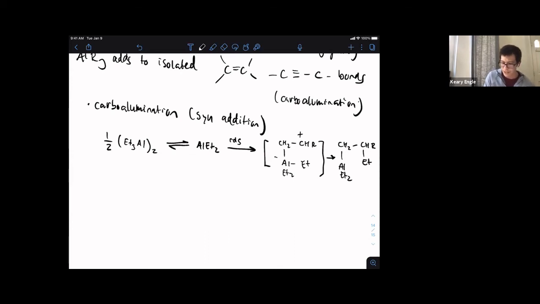So because of this sequence of events that has to happen before the rate determining step, where you get dissociation of the dimer, the rate law for this is half order in the organoaluminum reagent, and then first order in the alkene. Let me draw the alkene here.